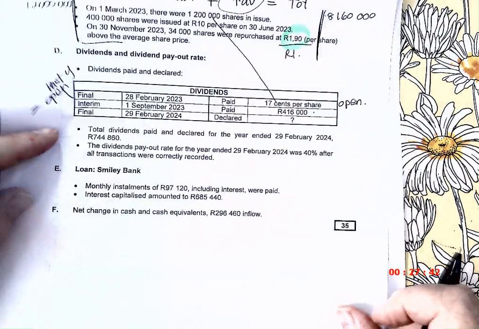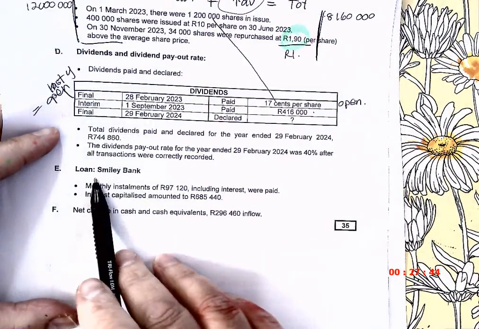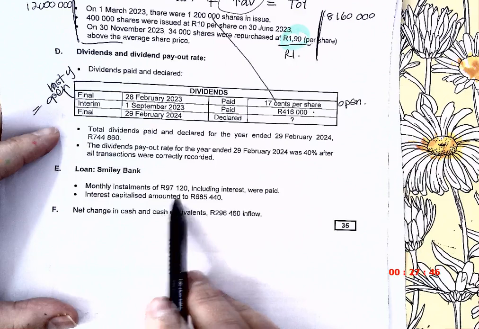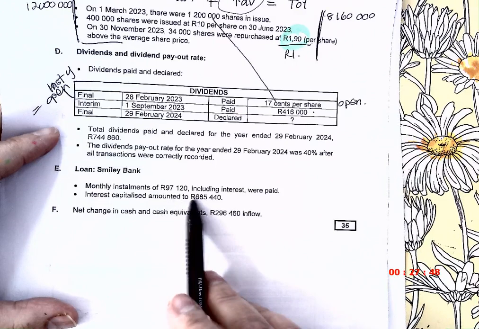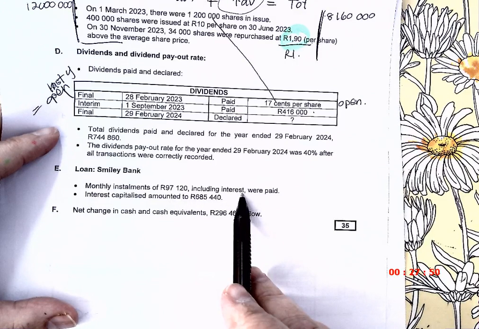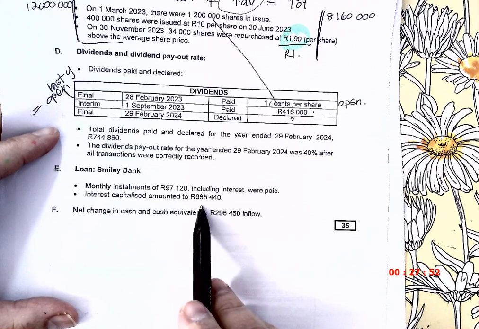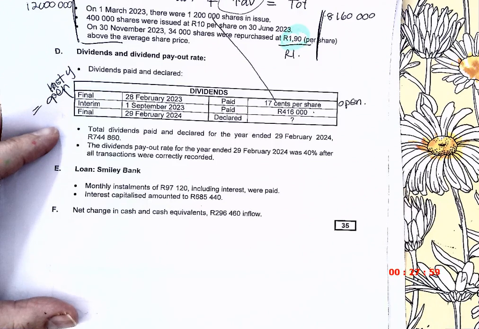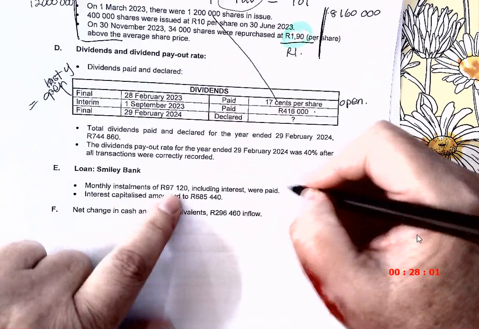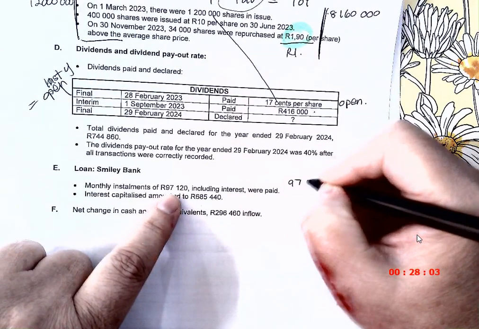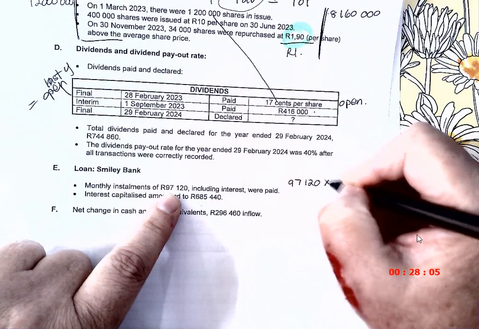Here they give me loan. Monthly installments 97,120 includes interest. Interest capitalized 68. So now let's quickly go look. If I say 97,120 times 12, how much did I pay back on the loan?